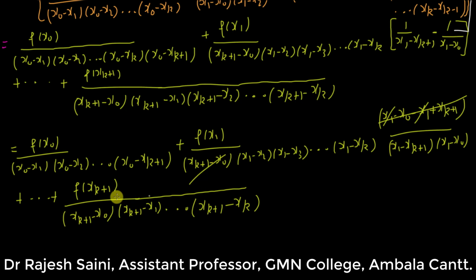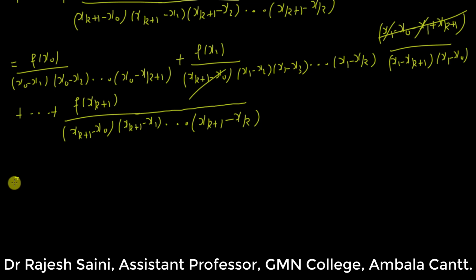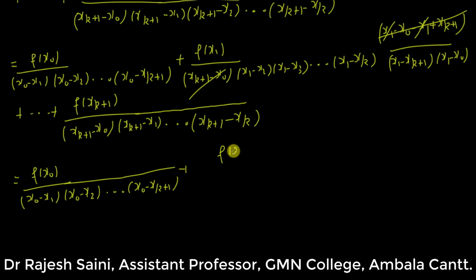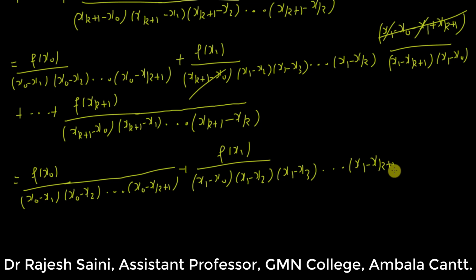So this is the result, and next we will be writing this as f of x naught divided by x naught minus x1, x naught minus x2 up to x naught minus xk plus 1, plus f of x1 divided by x1 minus x naught, x1 minus x2, x1 minus x3 up to x1 minus xk plus 1.